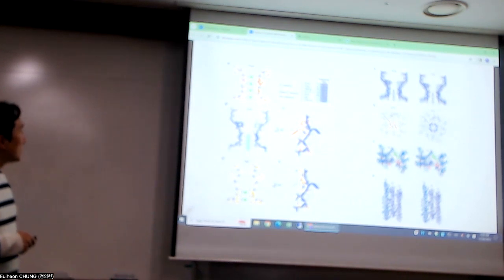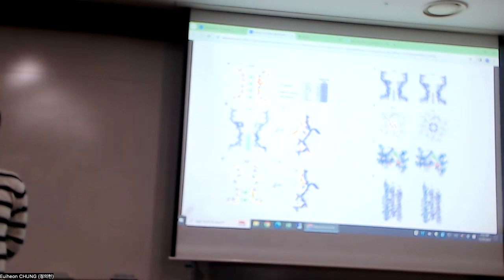In other words, why does this potassium channel only allow potassium ions to pass through selectively?